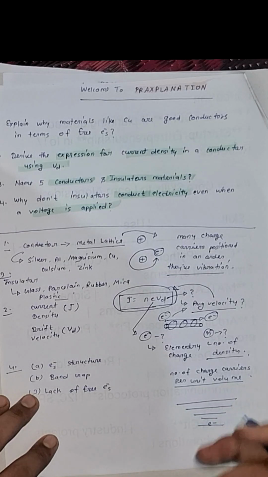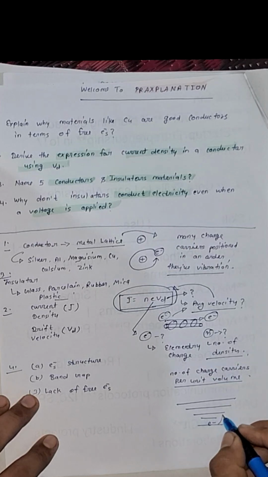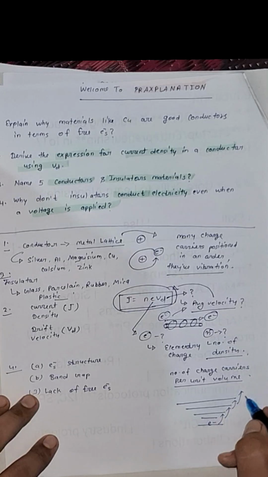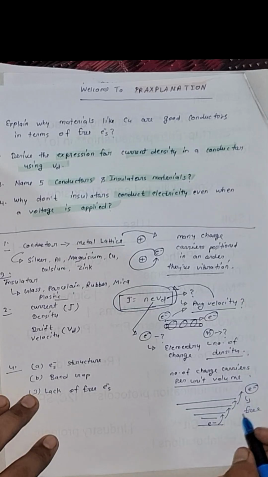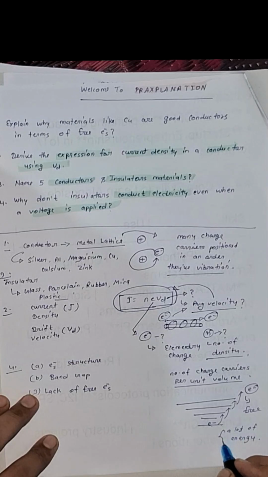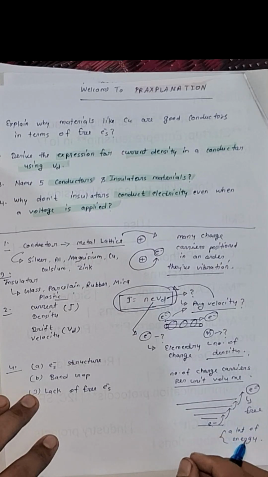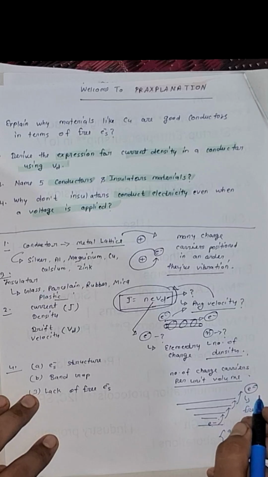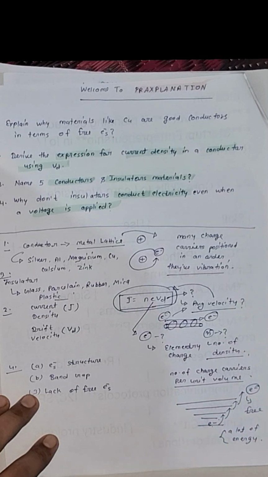For conducting electricity, they need to go there, then here, and when all electrons are here, then they are free. From this place to this place requires a lot of energy, but in an insulator there is not sufficient energy to push electrons from this place to this place. That is the first reason.